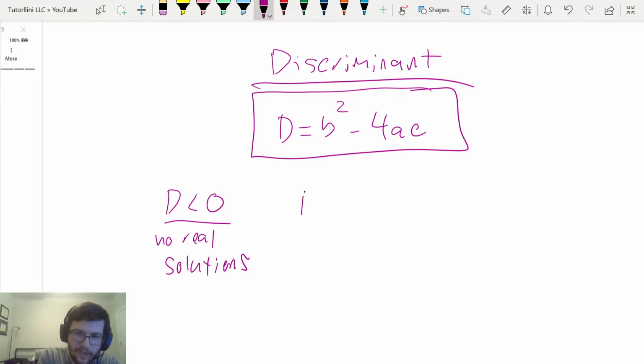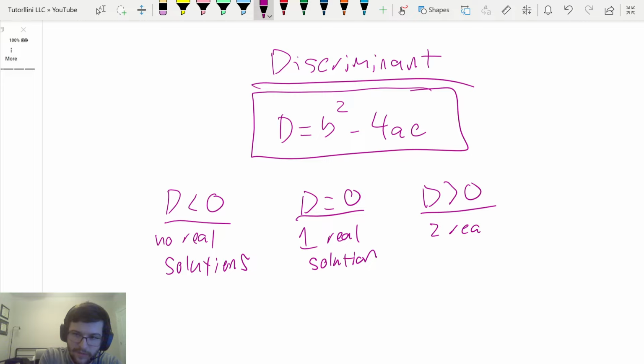When D is equal to 0, there's one real solution. And when D is greater than 0, there's two real solutions. So if you haven't written that down already from my previous videos, please write it down now. So you can pause this video and jot that down. This is for quadratics.